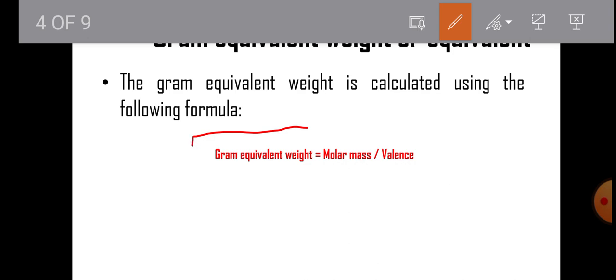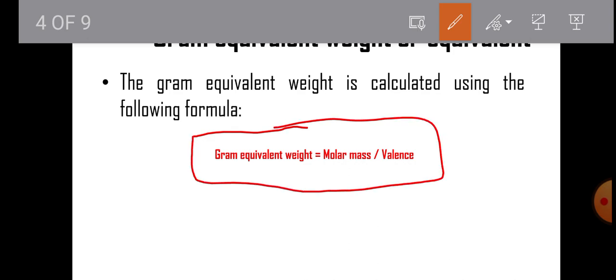Remember this formula, this is very, very important. If you are supposed to write an answer for this type of question in your answer sheet, don't forget to write the formula. Gram equivalent weight can be calculated using the formula molar mass by valence.